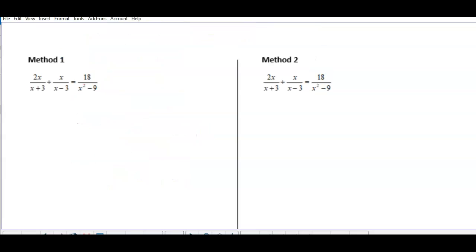Next one, we've got 3 rational expressions within that equation. So factor everything first. If you just went for the lowest common denominator now and just multiplied them all together, it wouldn't be the lowest, because x squared minus 9 can be factored. So factor everything.